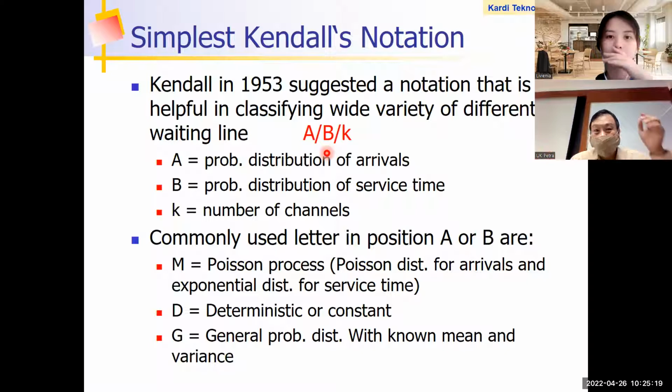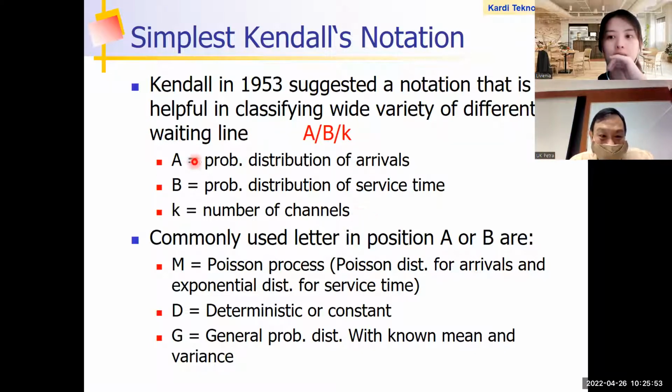But look at the basic symbol of the Kendall notation: K is the number of channels, which means parallel servers. Keep in mind, this is talking about parallel. Later on, when you see real world problems, people always think in terms of a serial system, not a parallel system. That's why the queuing still exists: the way of thinking is wrong.